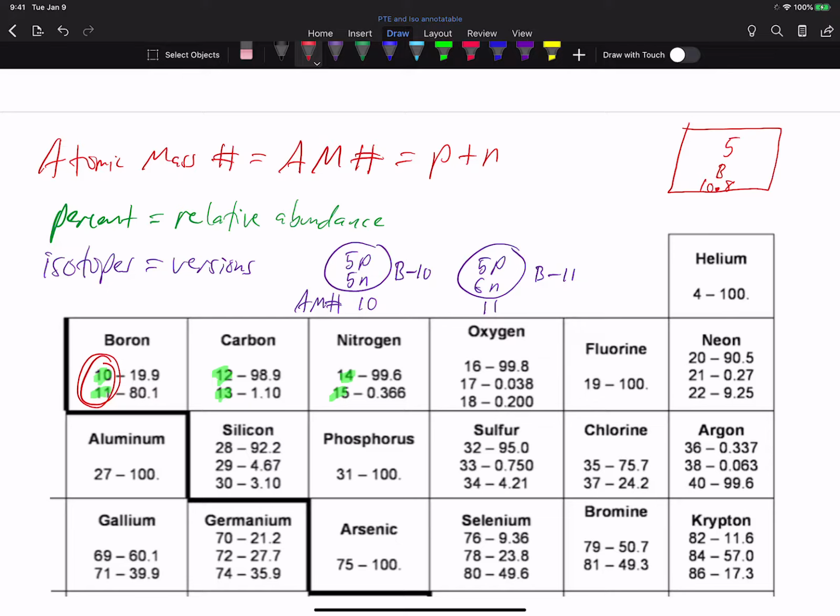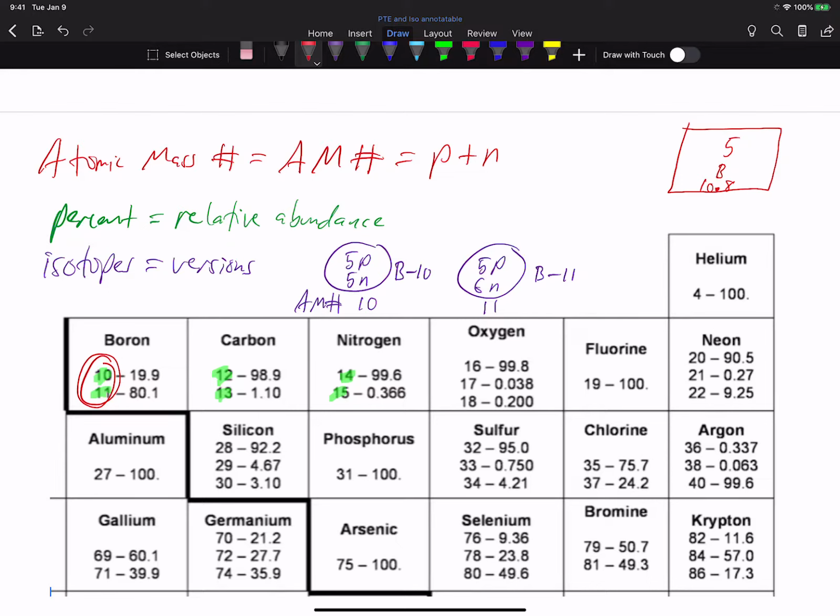The reason for this is we're not going to do a straight average. We need to do a weighted average. A weighted average takes into account not just the weight of each kind of isotope, but the relative abundance as well. And it's just like your grade in this class. Different kinds of assignments have different weights to them. So you can't just add up all the grades and divide by the number of grades to figure out your final score for the course.